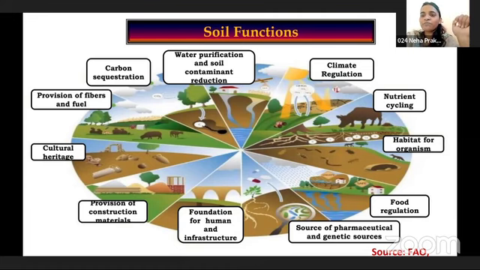It is mainly for food regulation. It is a source of pharmaceuticals and genetic resources. As we know, in Ayurveda, soil plays an important function. Soil is a foundation for humans and infrastructure, a provision of construction material, a cultural heritage, and a provision of food and fibers.